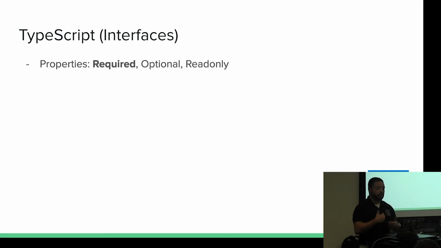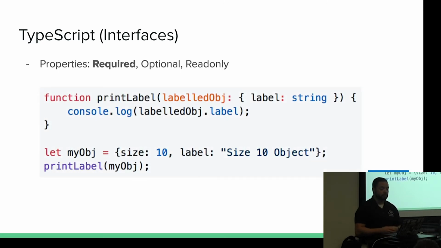In this first example, we're going to define an interface inline. So let's break this down a little bit. There's a lot of different things happening here. But up here, we have a function named printLabel. The parameter is named labeledObject. And now that colon again is a type assertion. And what we are telling it is that now we're providing an interface.